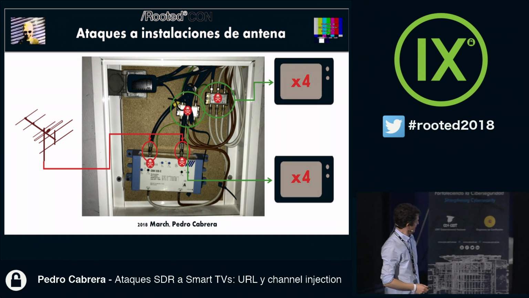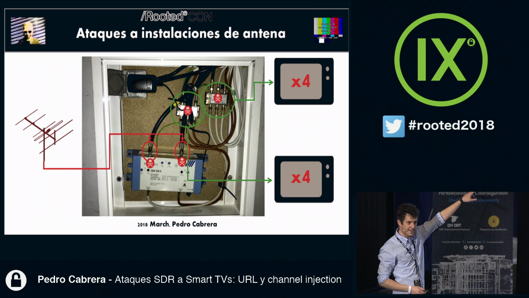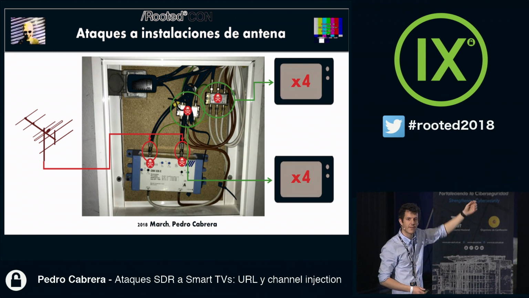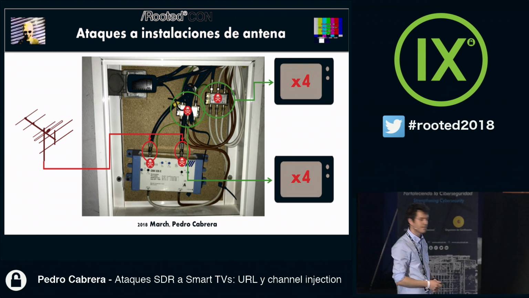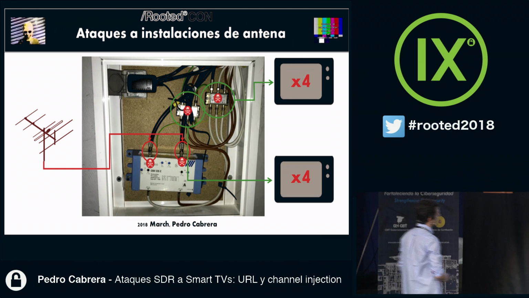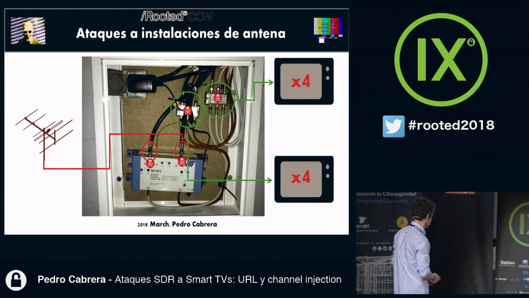And here you see the box where the aerial comes in, and from there it was distributed upwards in green. So this was to the 4 homes, 2 aerials, and then to a next phase. So if we do the attack at the beginning, we're going to inject our video to the whole condominium. If we want to affect only a few homes, depending on where we inject the video, it will affect a number of people.